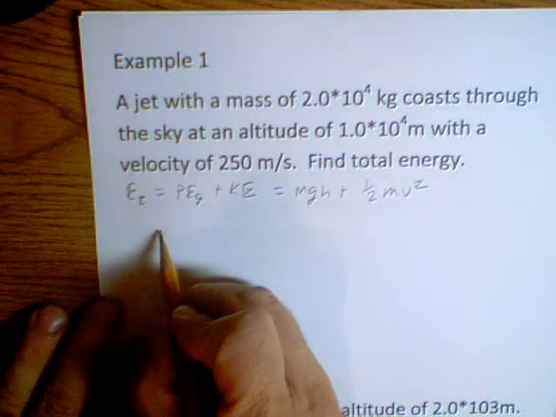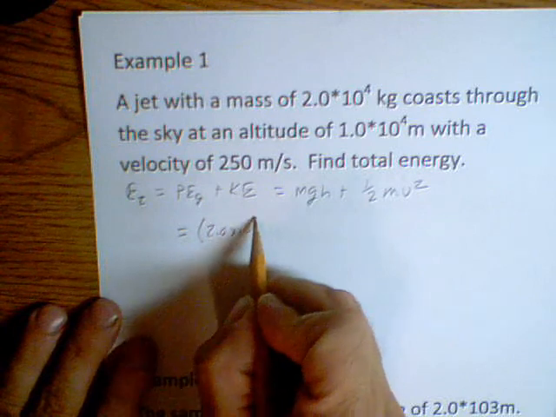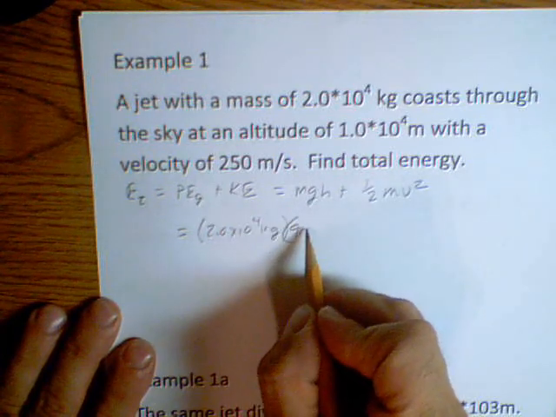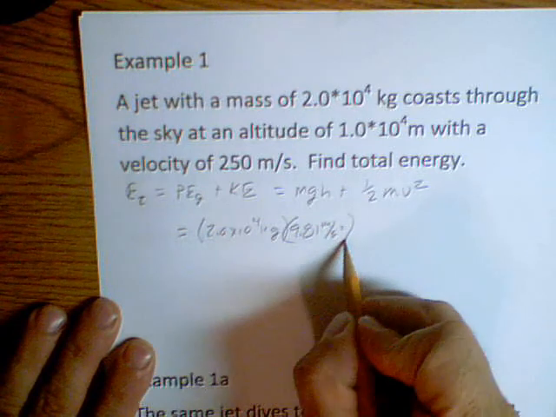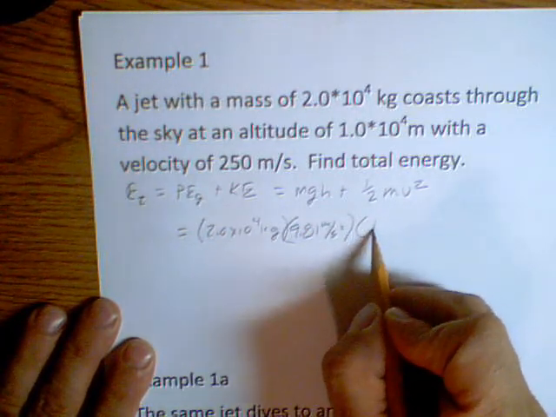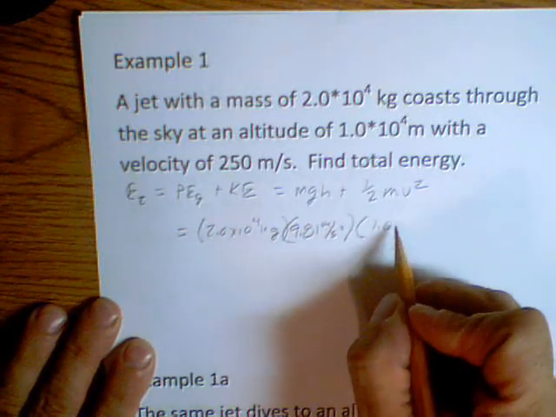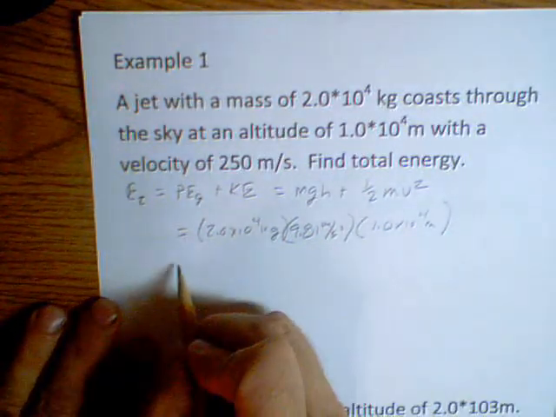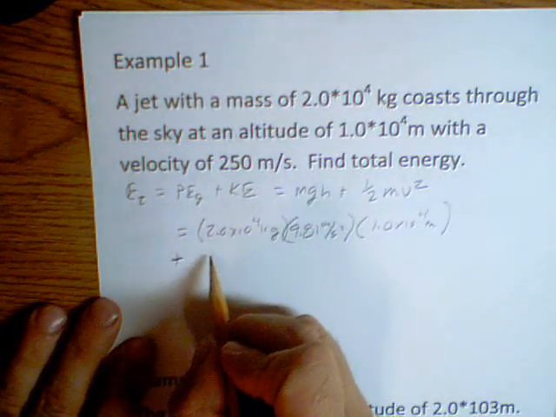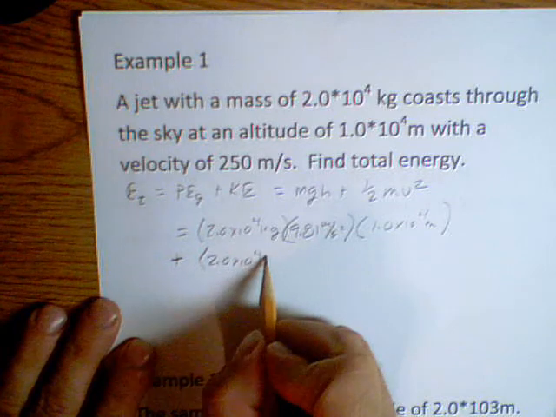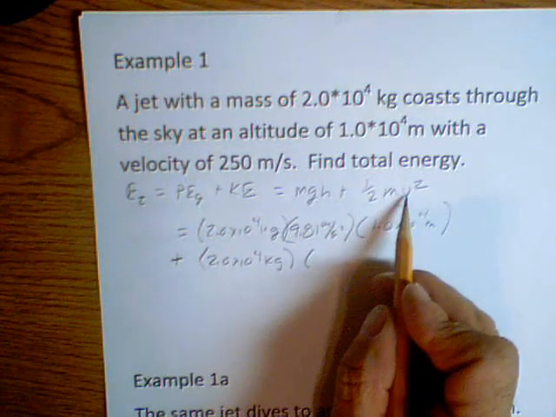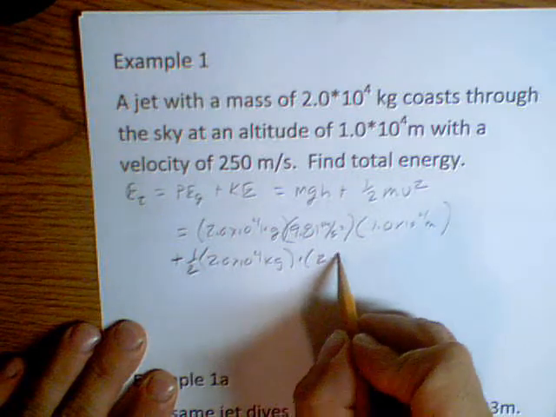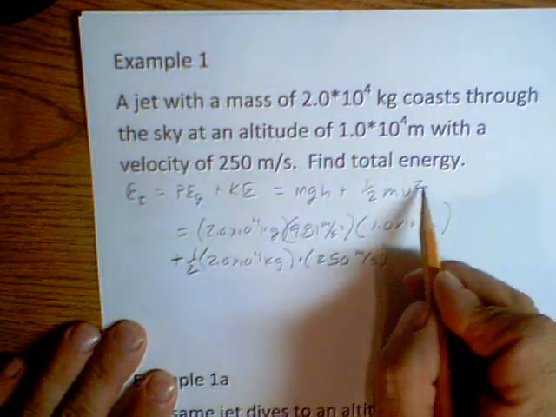So 2.0 times 10 to the 4th kilogram is our mass, times the acceleration due to gravity, 9.81 meters per second squared, times the height, which we've been given as 1.0 times 10 to the 4th meters, plus 1/2, of course, my apologies, times 2.0 times 10 to the 4th kilograms times 250 meters per second, and that's squared.